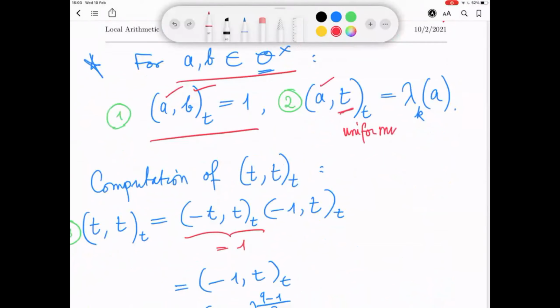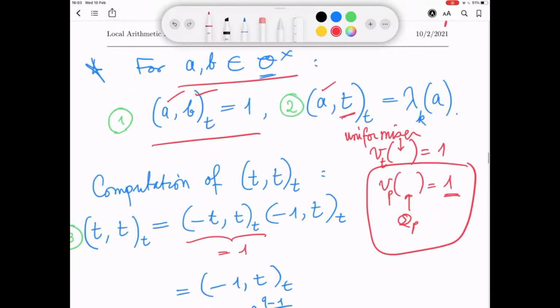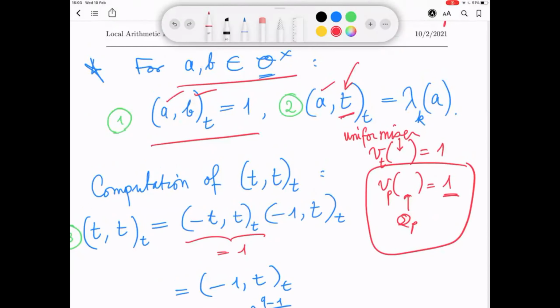So a uniformizer, we have already defined it in Q_p maybe, if you recall what it is, but a uniformizer is something whose valuation is equal to 1. So that was also the definition for v_p, or in Q_p as well. Uniformizer in Q_p is an element whose valuation is equal to 1. So here, instead of T, you can take any uniformizer, because any two uniformizers will differ by a unit.